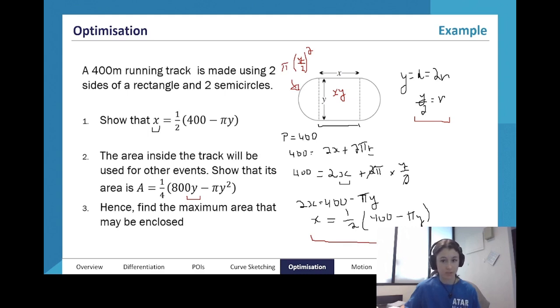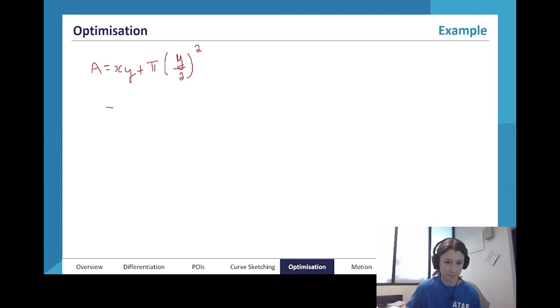So this is what we need to substitute in for x over here. So for x, we are going to have a half outside of 400 take pi y, and then we're going to have y here again, plus pi outside of y squared over 4.